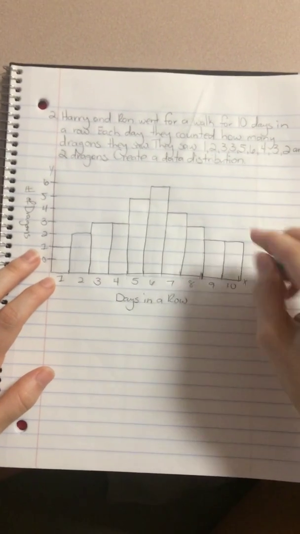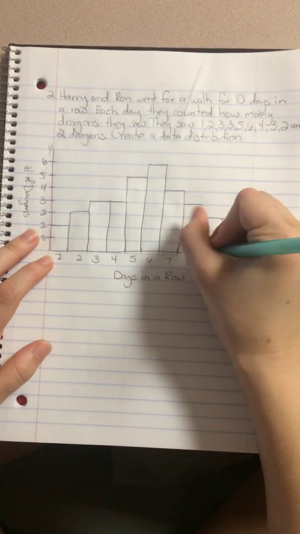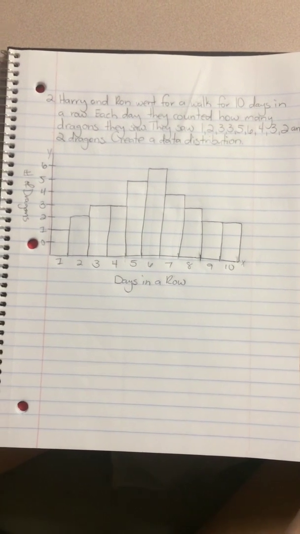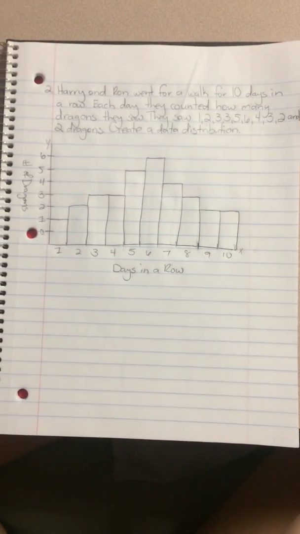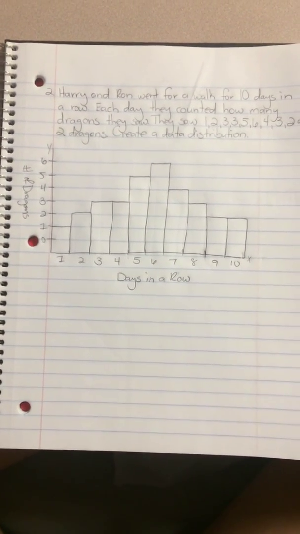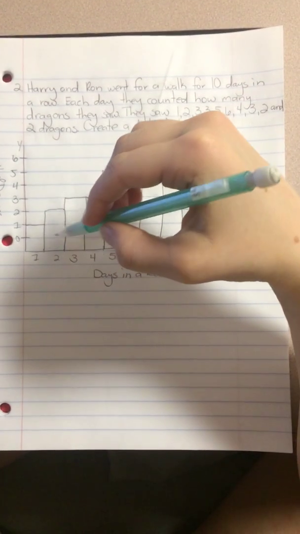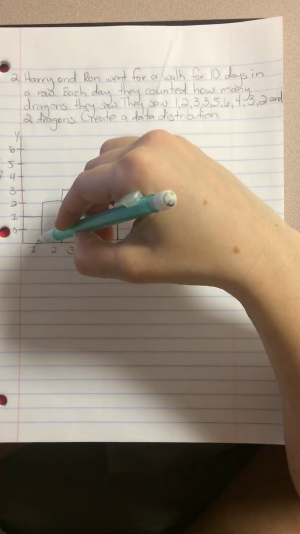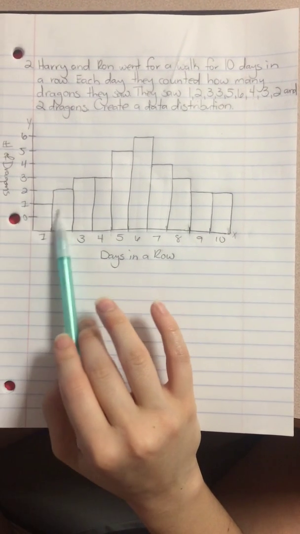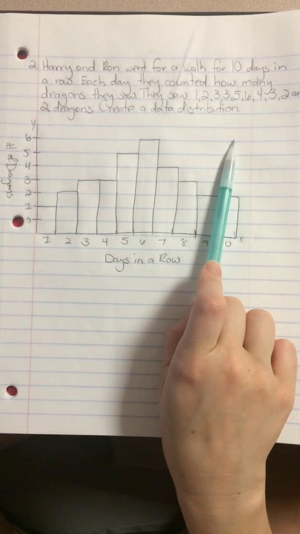So now, what we have to do with our graph is determine whether or not it is right skewed, left skewed, or normal data distribution. And we know that when it is skewed left, the tail starts in the left area and most of the data clumps to the right. So we can see that although the data does start in the left, it doesn't end up clumping up top in the right-hand corner.